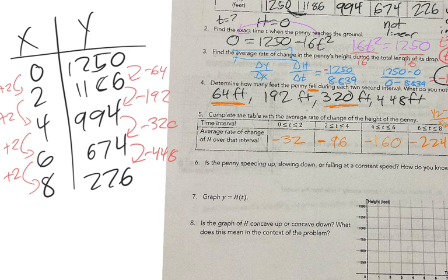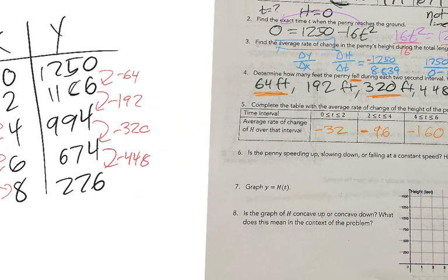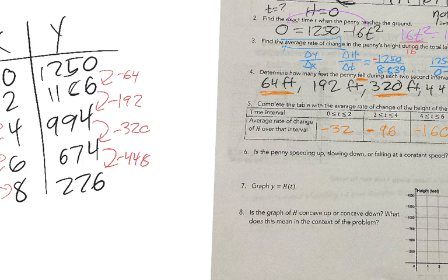But what if I look at the change in the change? The change of the change. So like right here, I went from negative 64 to negative 192. So how much of a change was that? I got 128. Are we okay with that?